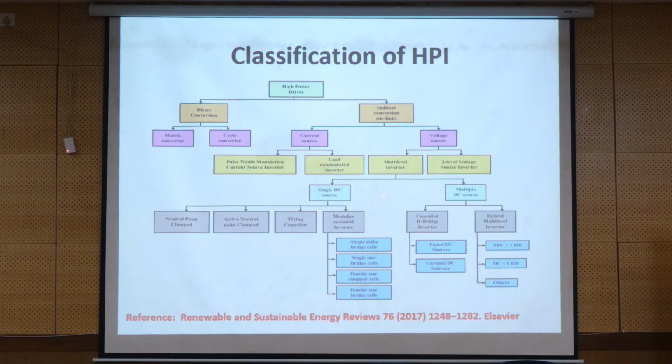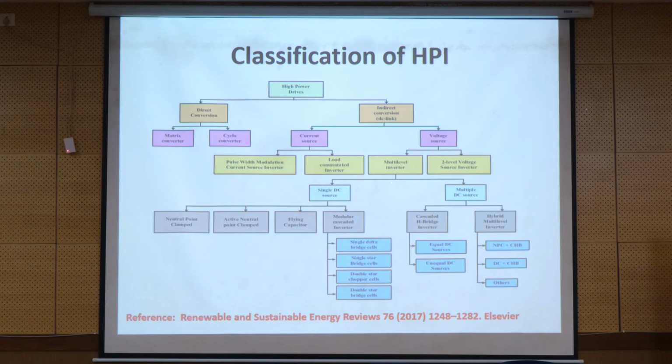Then in the voltage source inverter modules, there are multi-level inverters and the two-level voltage source inverter, the conventional one, where you get only two states, either 0 state or plus VDC state. When the switch is in on condition, maximum current flows, and in the off condition, the voltage across the switch is equal to the source voltage.